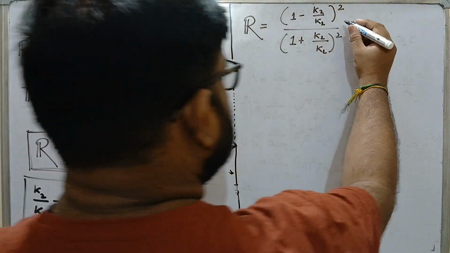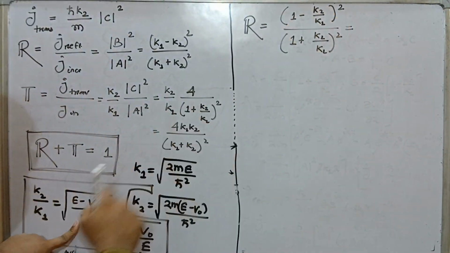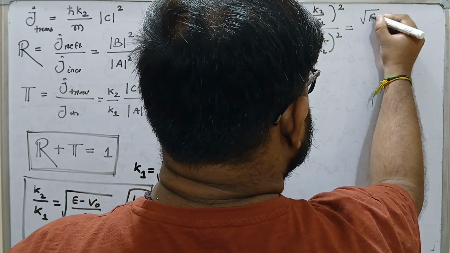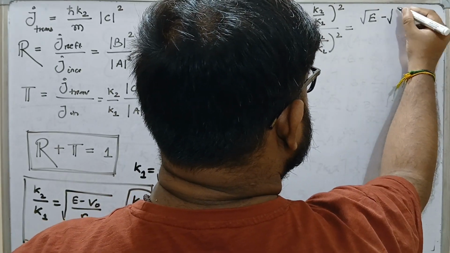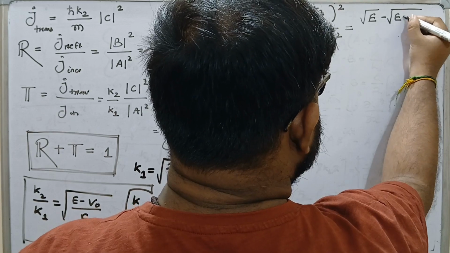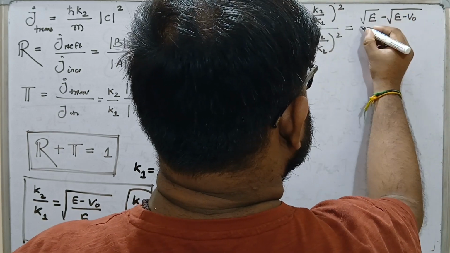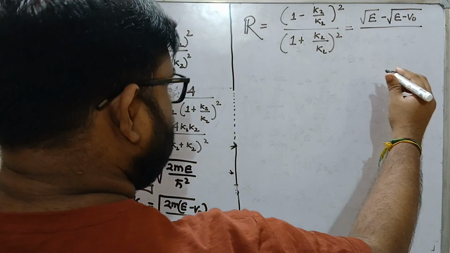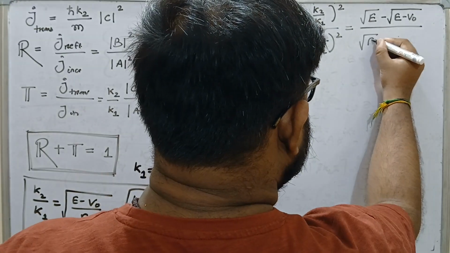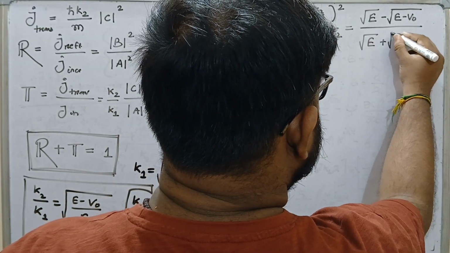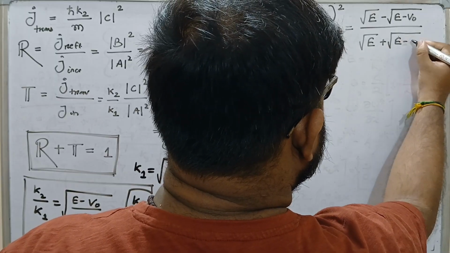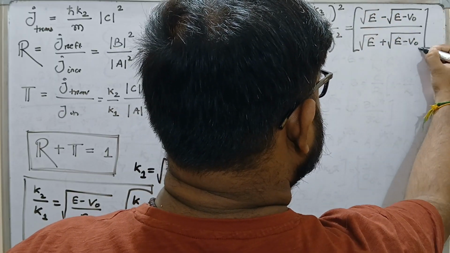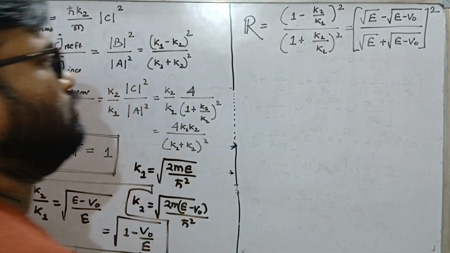Now once you put that in, the equation becomes (root over E minus root over of E minus V naught) divided by (root over E plus root over of E minus V naught), the entire thing whole square. Got it?